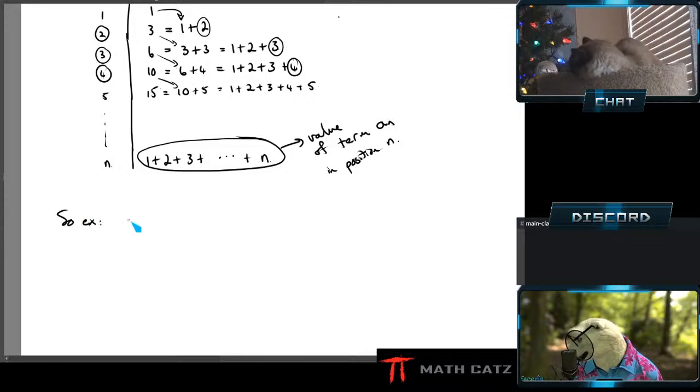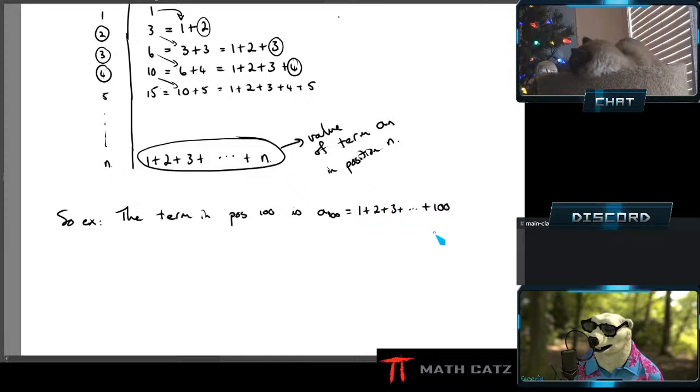So for example, I'll write it out. The term in position 100 is a_100, and it's calculated as 1 plus 2 plus 3 plus all the way to 100. That's not easy to do, so it's not a useful formula yet. It's not quite in the right form.